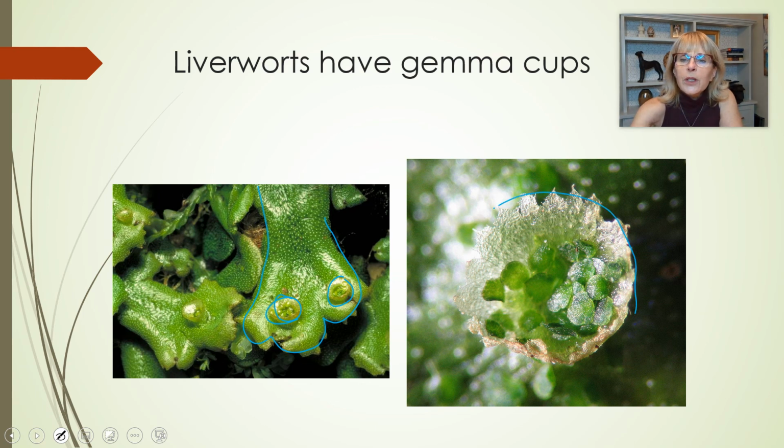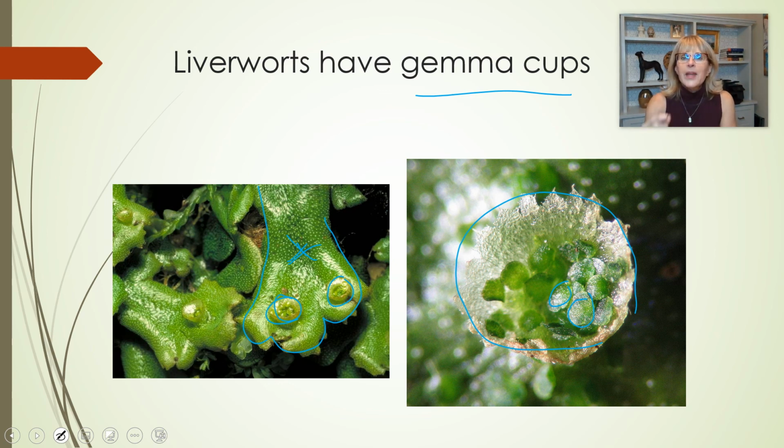And here, if you zoom in really close, that is a gemma cup, likely to be on the quiz next week. So recognize it. That gemma cup is filled with these things that look like little green coins. Those are like little tiny discs of liverwort life. They are genetically identical to this leaf-like structure.